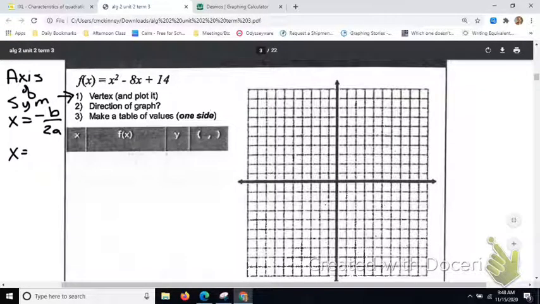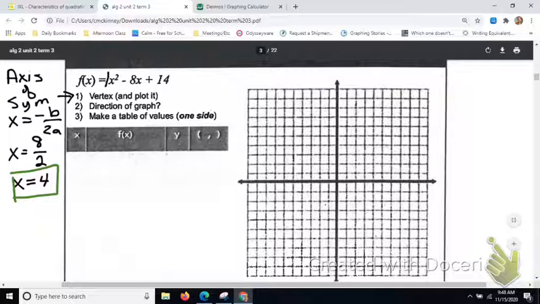So -b, so the opposite of -8 is +8. And then this is just a 1 if I don't see anything. So 2 times 1 is 2. So x is equal to 4. So I know my axis of symmetry is x is equal to 4.